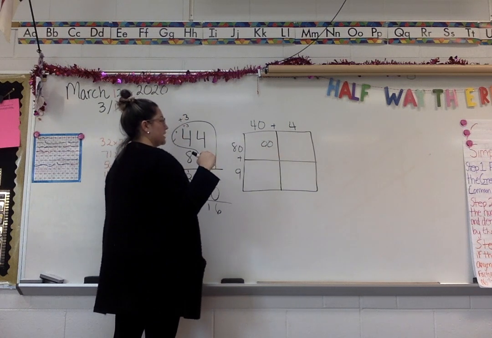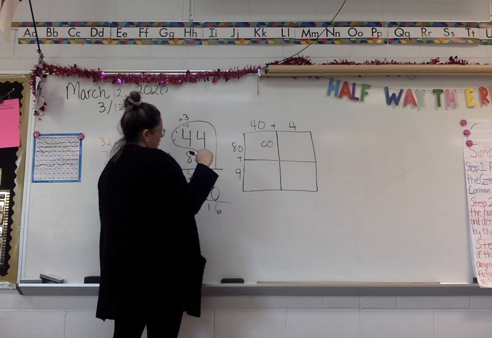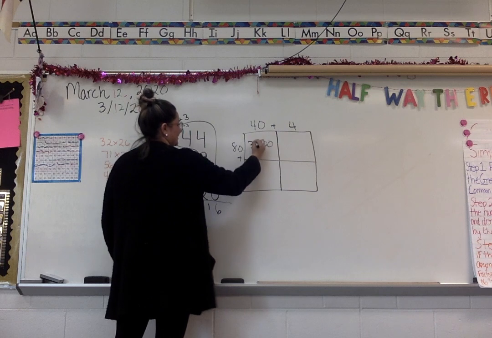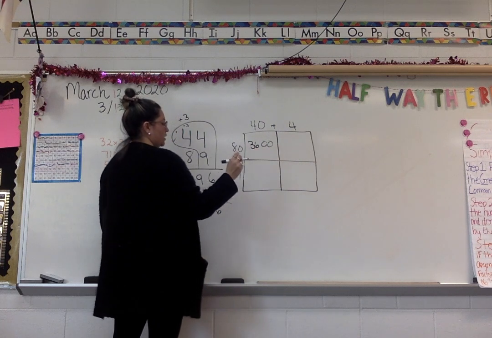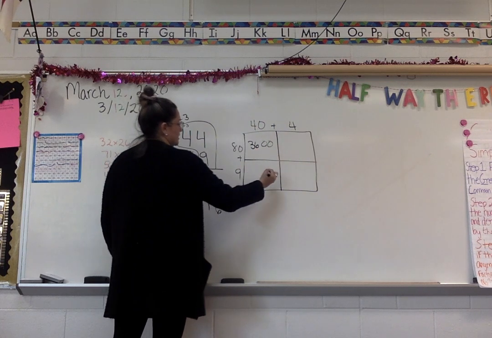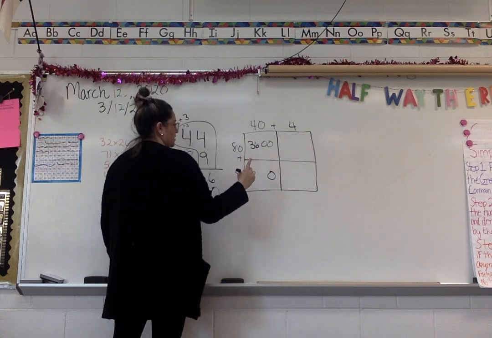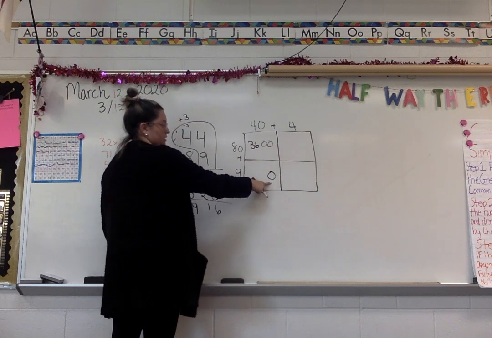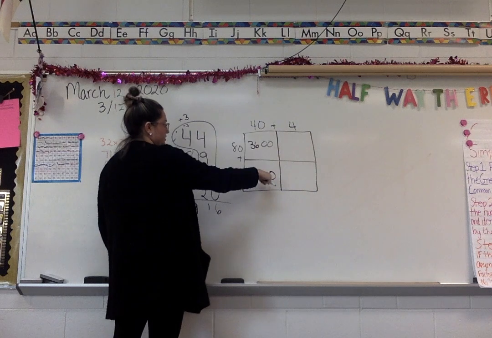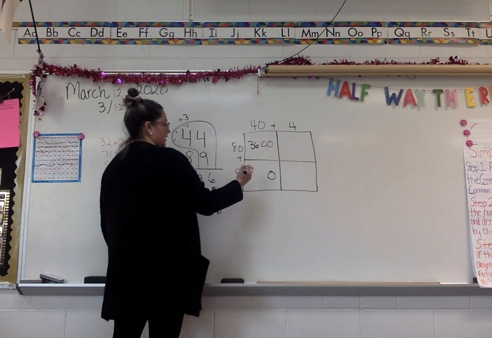And I know 4 times 8 is going to give me 36. Okay? And then 4 times 9, I see 1 0. And then 40 times 9, there's 1 0. So I just drop it down, and now I just have to do 4 times 9 to give me 36.